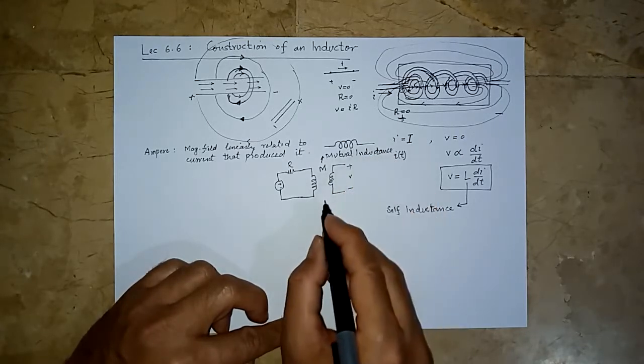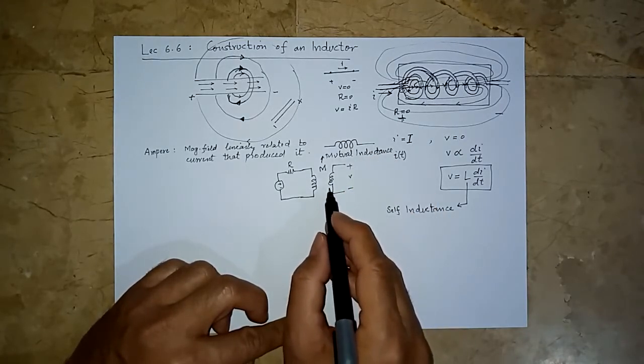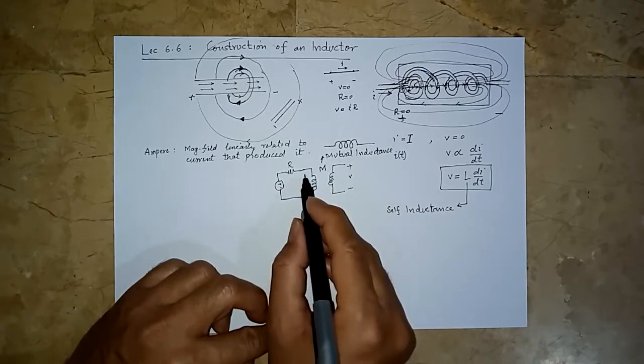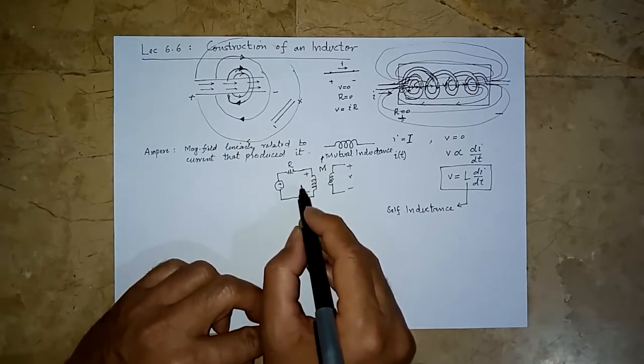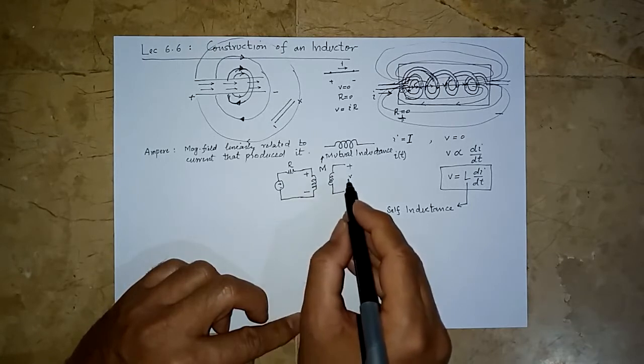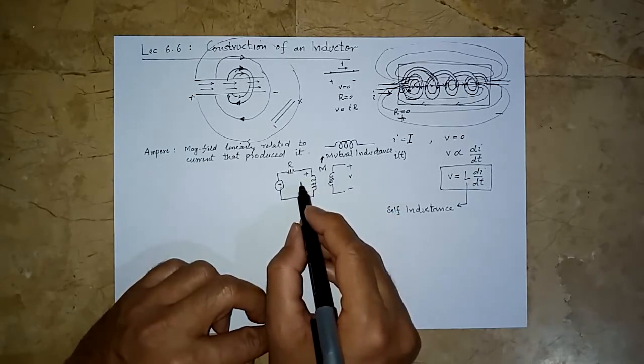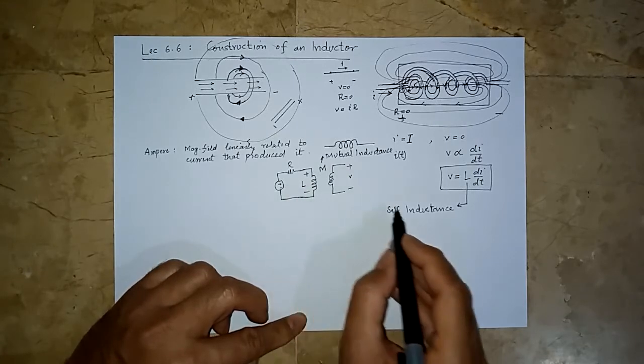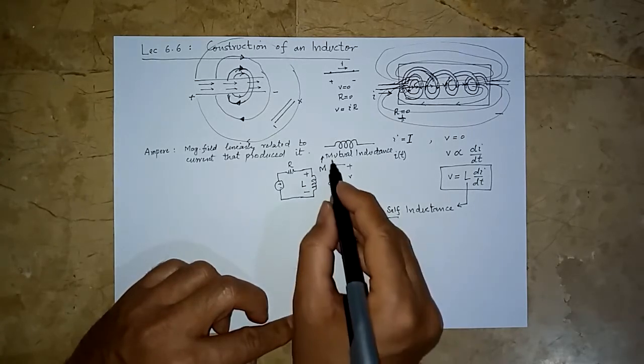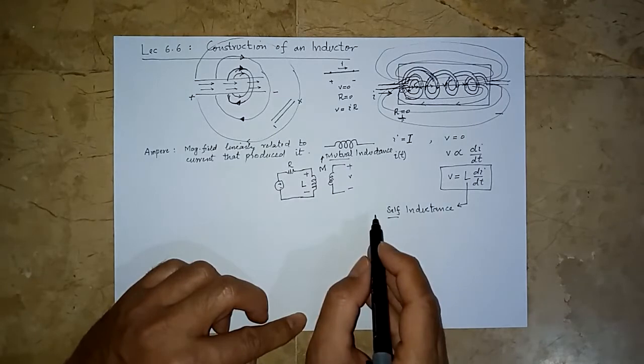To differentiate whether the voltage is induced in the same circuit or in a neighboring circuit, we use these words self and mutual to differentiate between them.